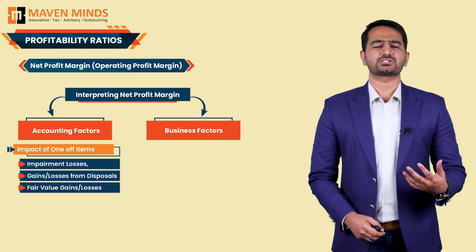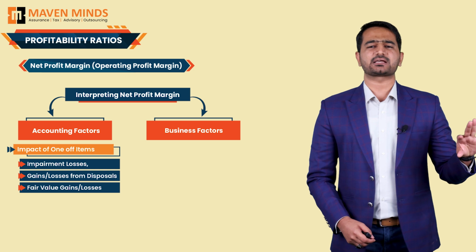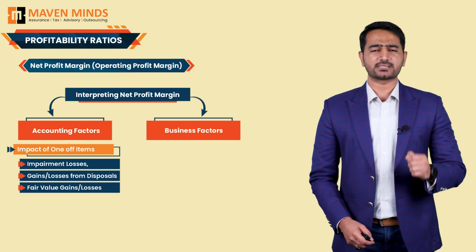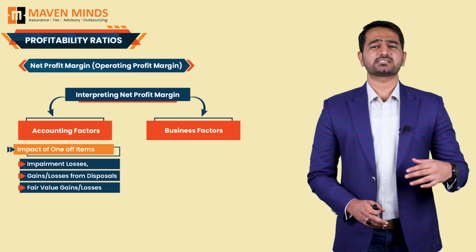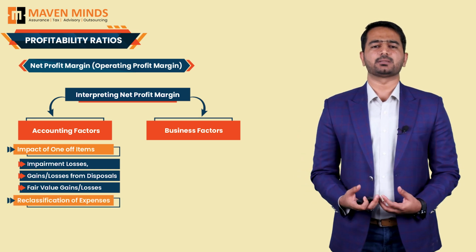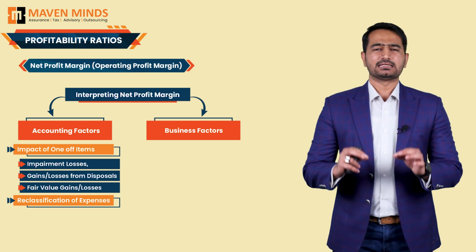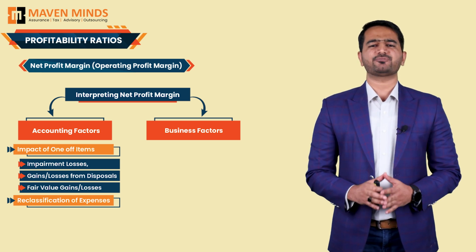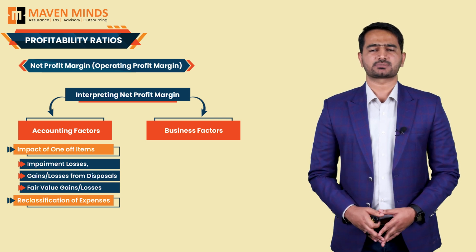Recalculating the net profit margin after excluding these one-time effects can reveal a more representative profitability ratio. Sometimes expenses are reclassified from one category of P&L to another category, affecting how net profit margin appears. This does not change the actual performance, but may distort year-over-year comparisons.